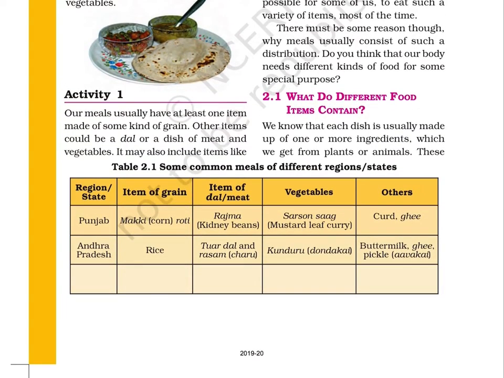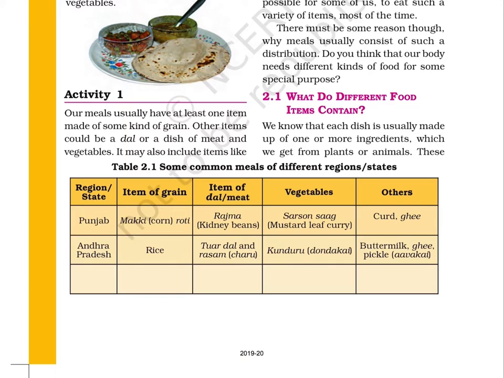Table 2.1. Some common meals of different regions or states. There are 5 columns given in this table: region or state, item of grain, item of dal or meat, vegetables, others.